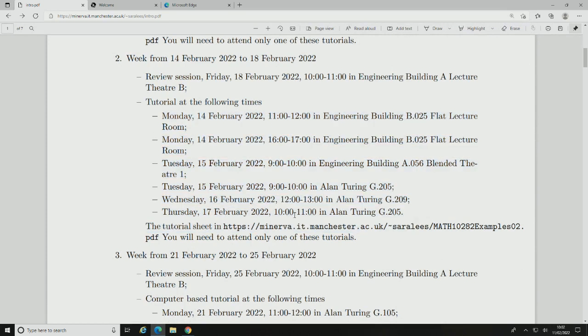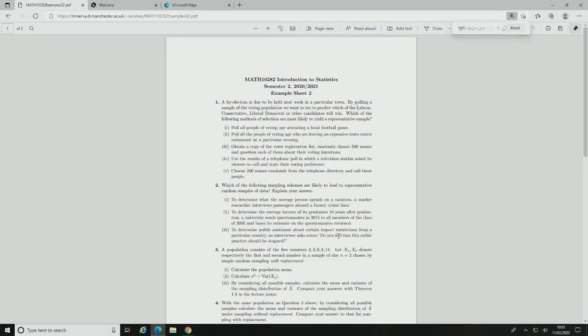Right, and for some reason, if you have an emergency or something, you can go to one of the other sessions. But in any case, please make sure that all of you go to at least one of the sessions every week. And these sessions will be based on this tutorial sheet.